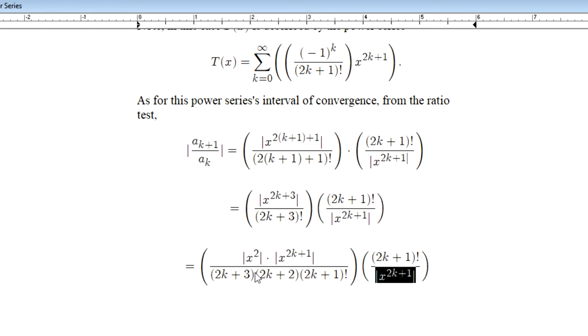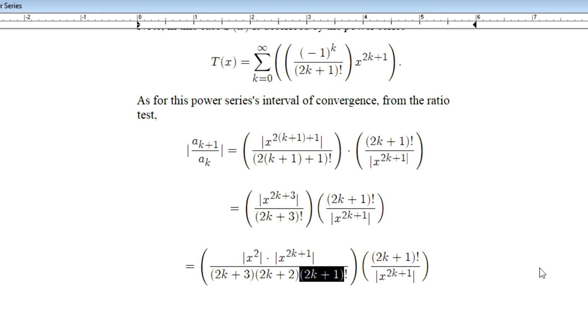A similar thing can be done with these factorials. Well, not quite similarly. 2k plus 3 factorial is really just 2k plus 3 times one value less than it, which would be 2k plus 2, times one value less than that, which would be 2k plus 1.